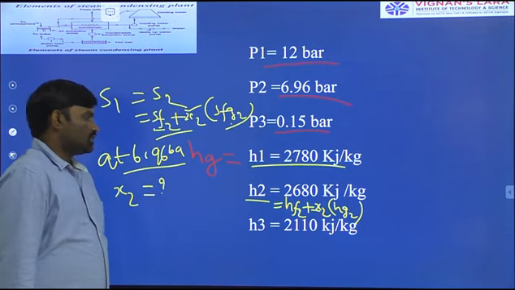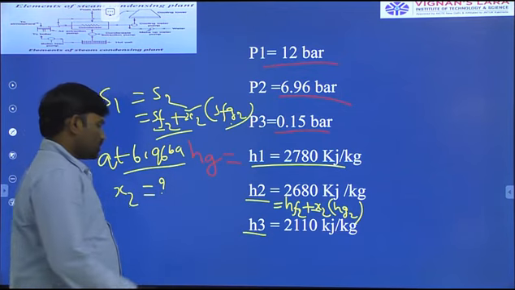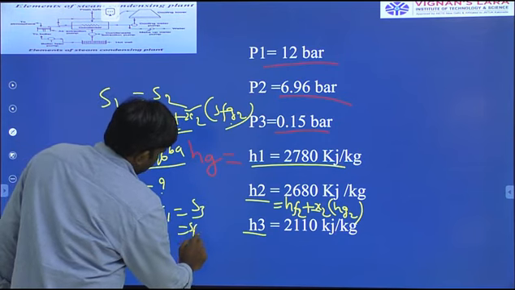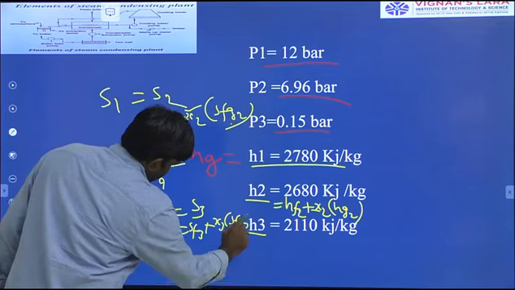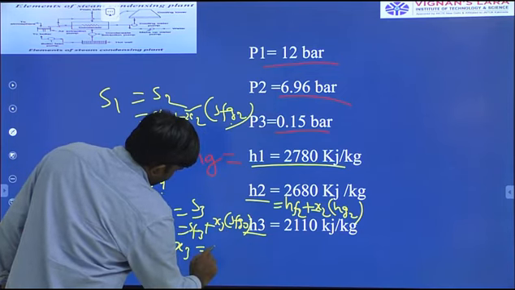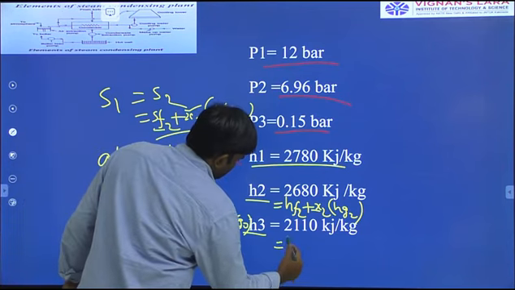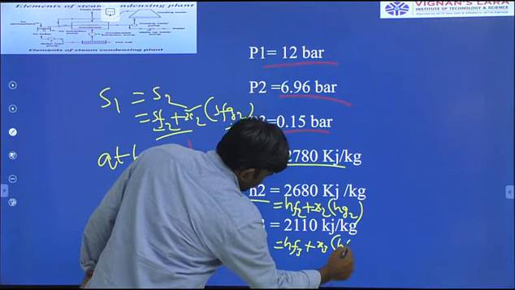After calculating H2, in a similar way you have to calculate H3. Apply S1 is equal to S3, substitute SF3 plus X3 into SFG3, and determine the X3 value. After knowing X3, calculate H3, that is equal to HF3 plus X3 into HFG3.